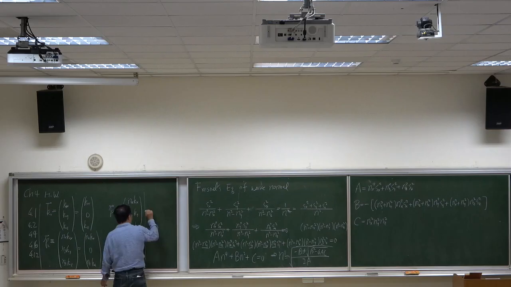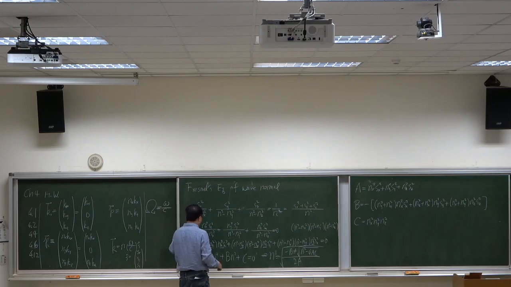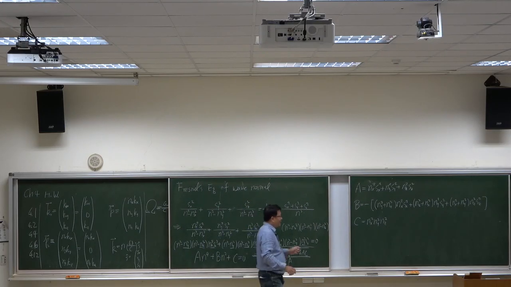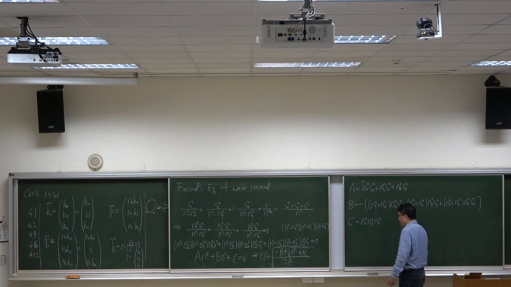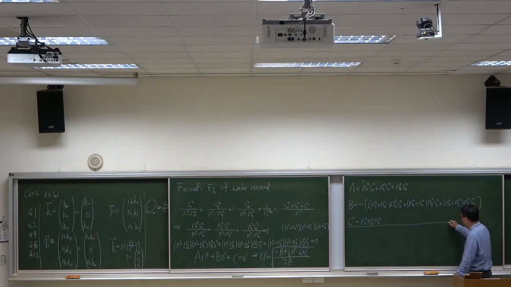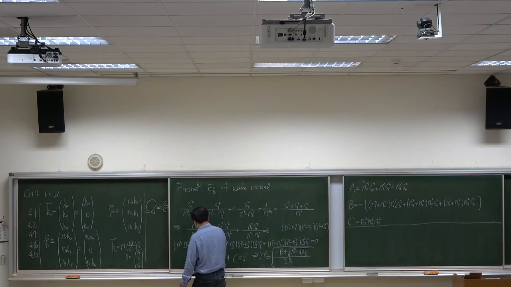define capital omega as omega of c. Okay. So we can further simplify the expression of the result. Okay. So according to this result, now we have this.